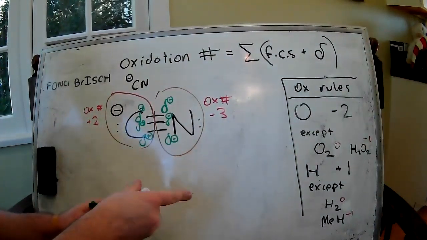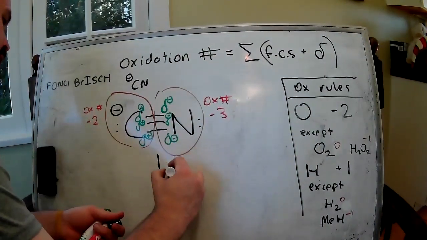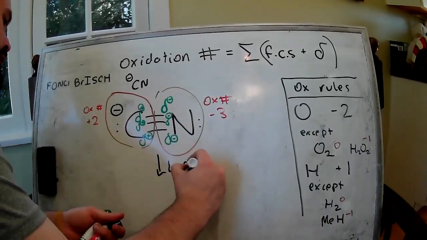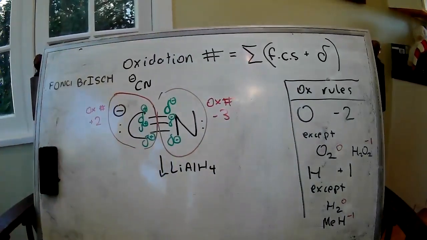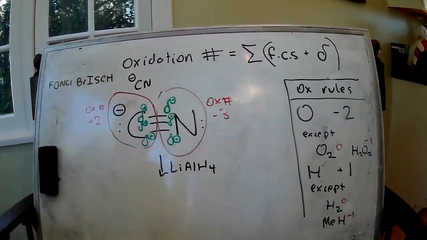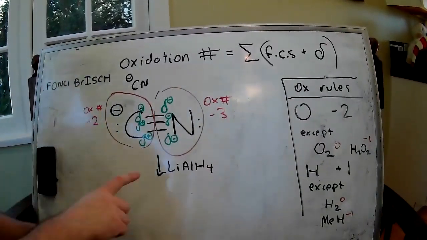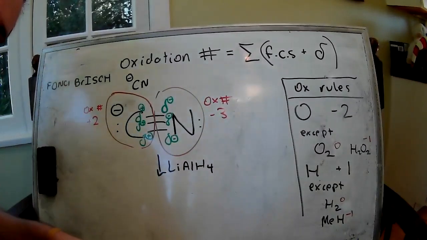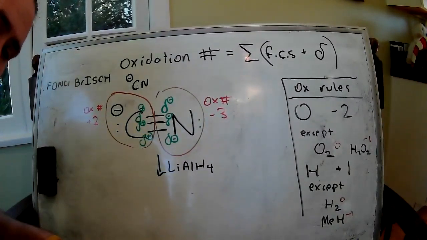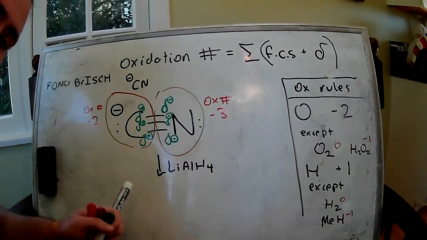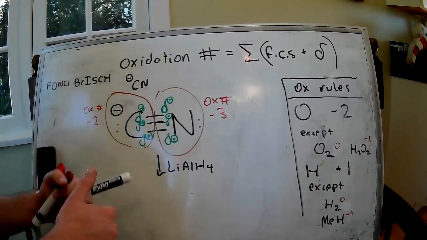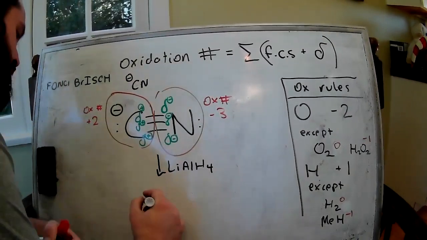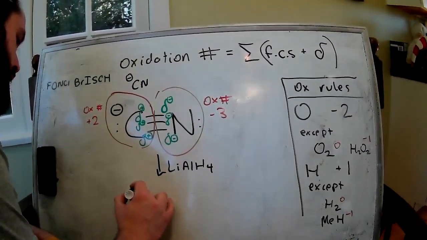Now, what if we took a strong reducing agent, lithium aluminum hydride? What functional group is this going to become? And of course, we know that strong reducing agents are going to reduce the heck out of this triple bond here, leaving us with methylamine.